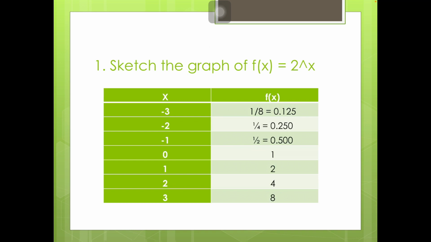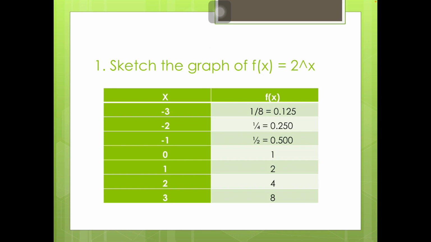For 0, 2 raised to 0 is 1. Any number raised to 0 is 1. And then 2 raised to 1 is 2. 2 raised to 2 is 4. 2 raised to 3 is positive 8.